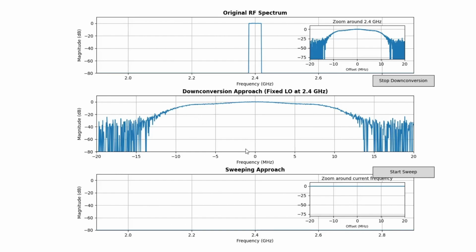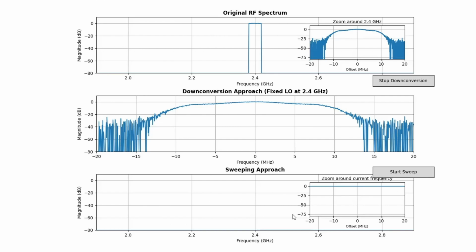The second approach is the approach that is usually used in spectrum analyzers, which is by sweeping the LO frequency within a range, like for instance in our spectrum analyzer we say search from 1 gigahertz to 3 gigahertz.